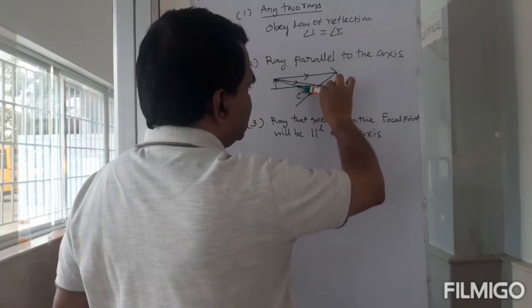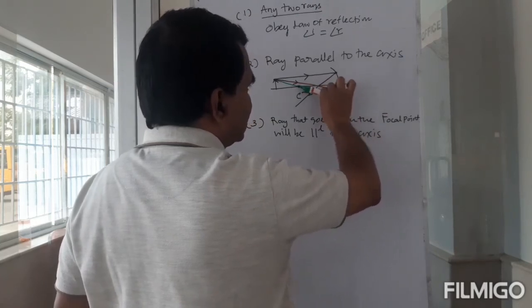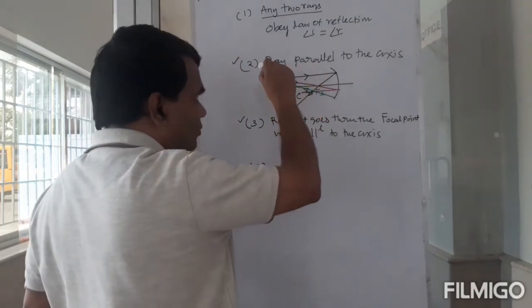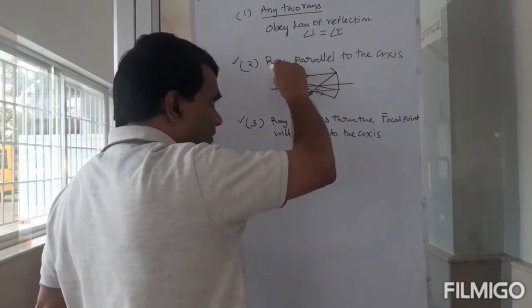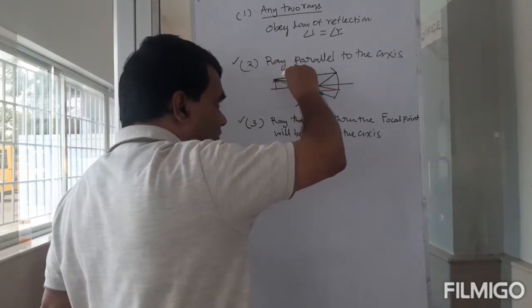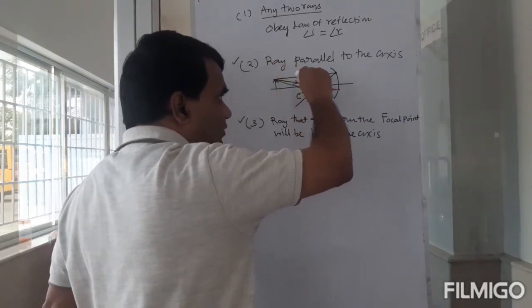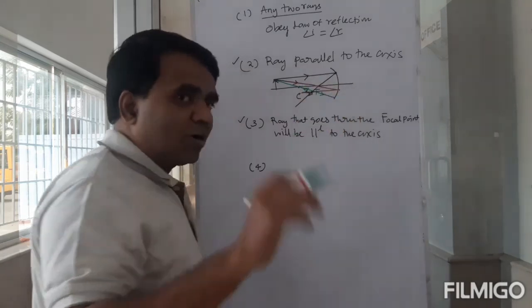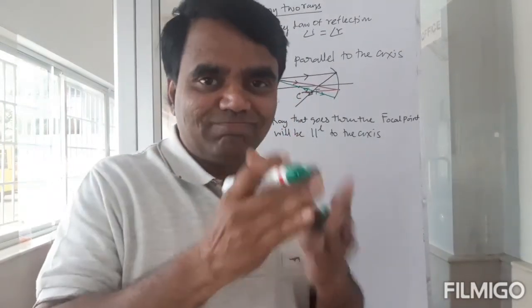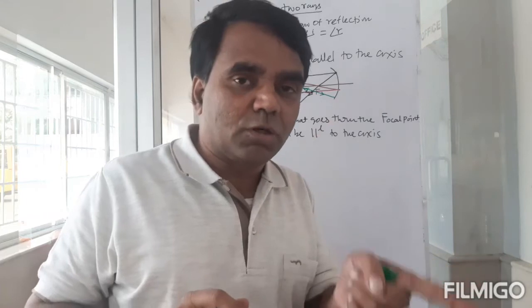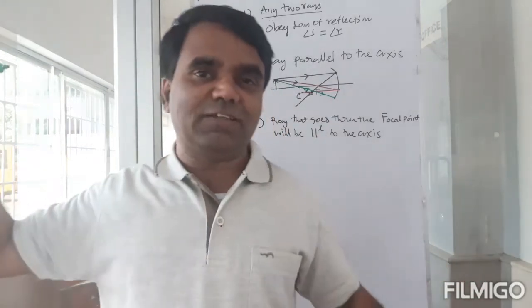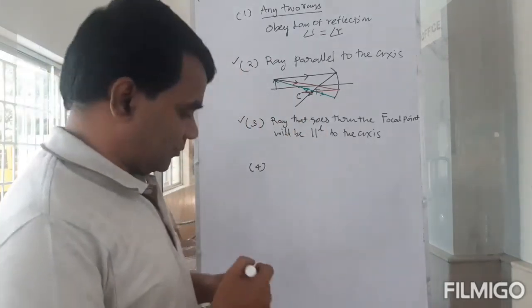We're going to draw a line from the center, that's a radius. So the ray that goes through the center is actually traveling along one of the radii of the sphere. So when it hits here, it will get reflected back, because the normal and the incident ray are one and the same. There is no angle between the normal and the incident ray. The angle is 0. So then it will reflect back. So that's the third one.